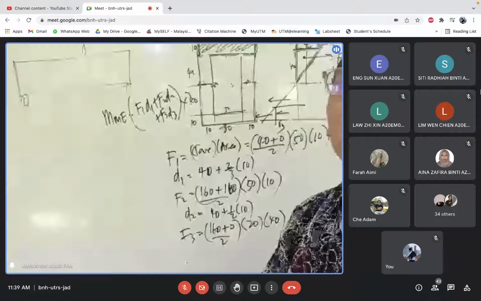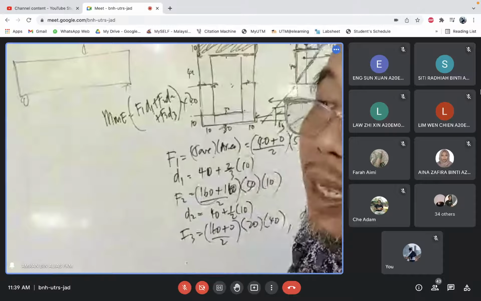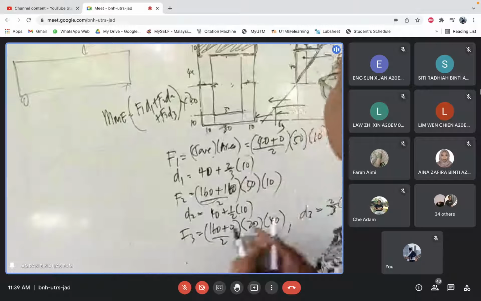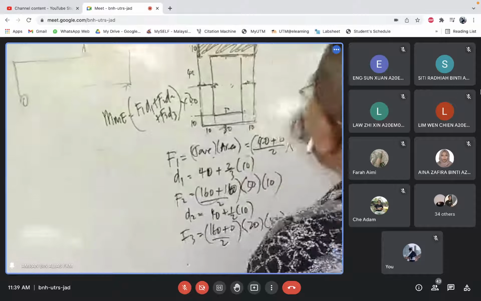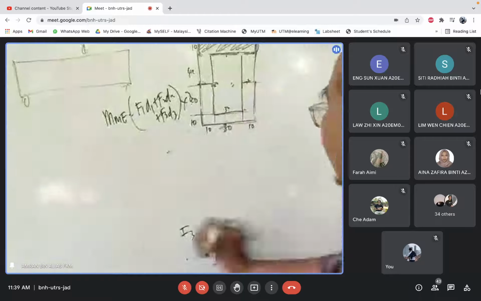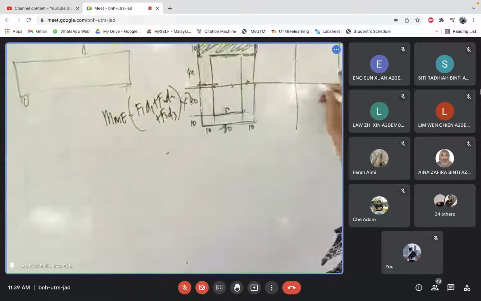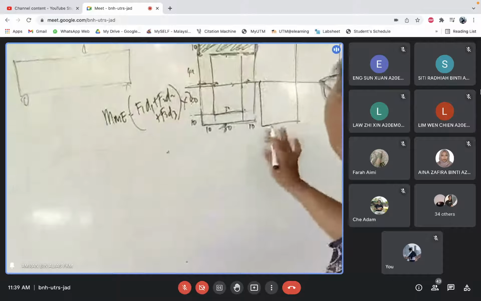So if it is fully plastic, the same case. Fully plastic is easy. Why? Because square and square, no problem. Fully plastic, so you break it.